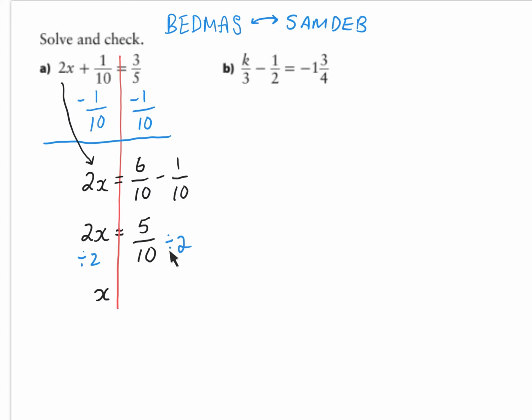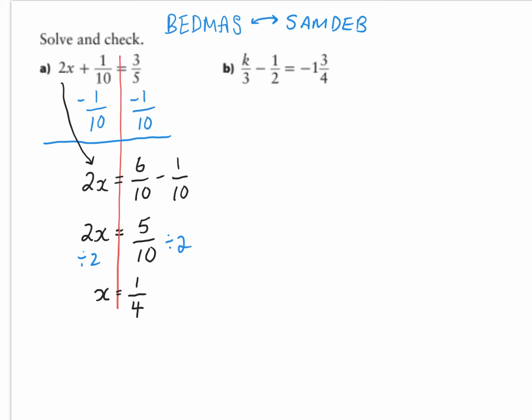Okay, this is division, so it would be kissing and flipping if you want. What you'll find though is the answer is 1/4, and that is our answer. So the answer to 2 times x plus 1/10 equals 3/5 is x equals 1/4. Okay, and that's the first one.